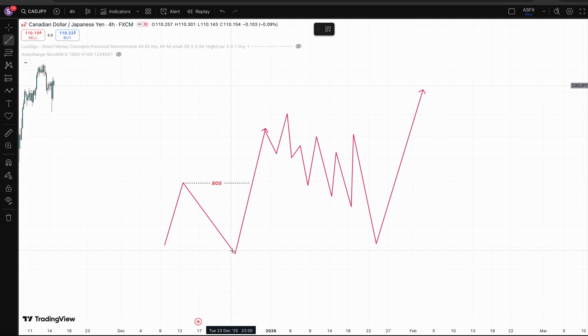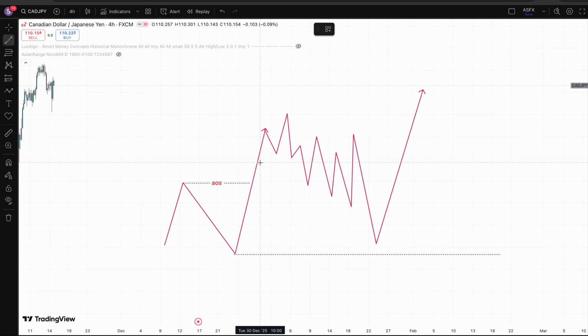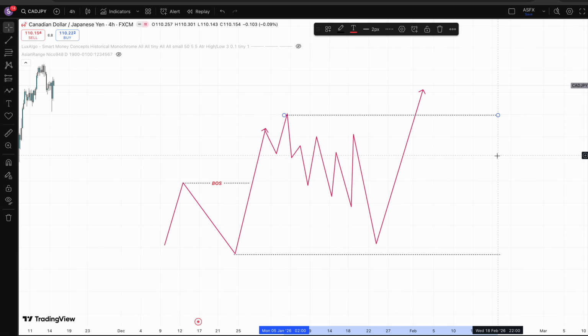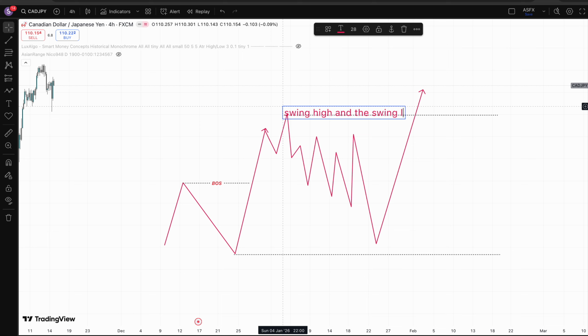When the market breaks structure from this level of structure to the new level of structure, this is what we call your swing structure, guys. It's called the swing high and the swing low.